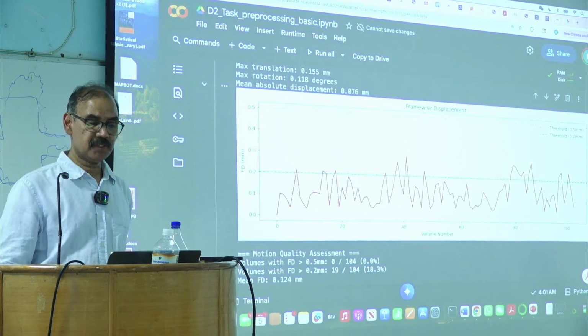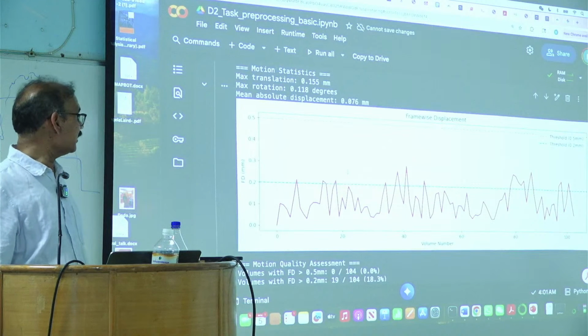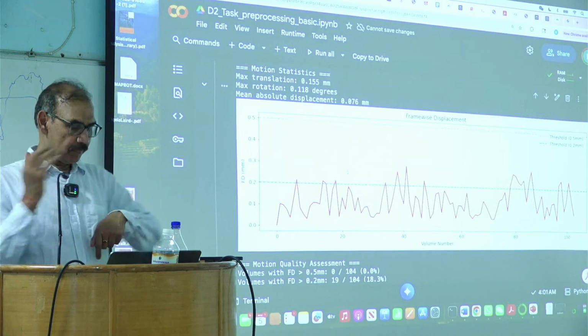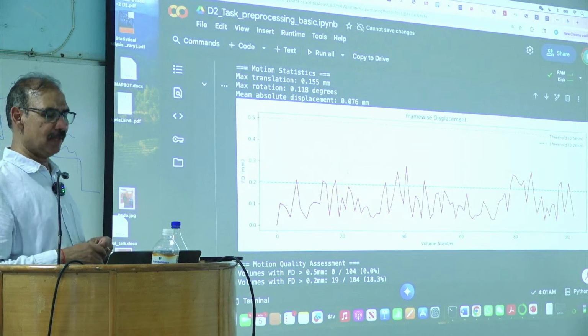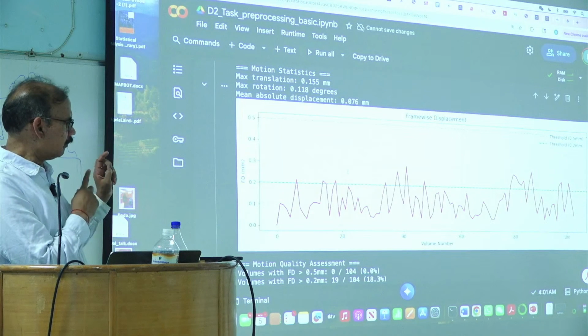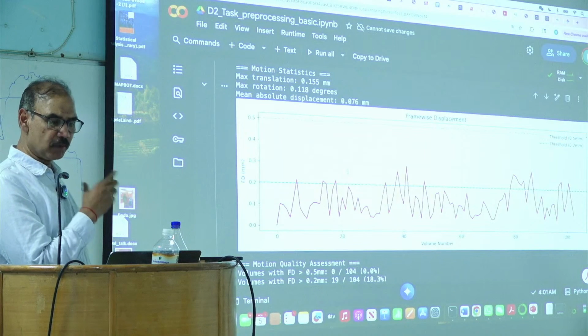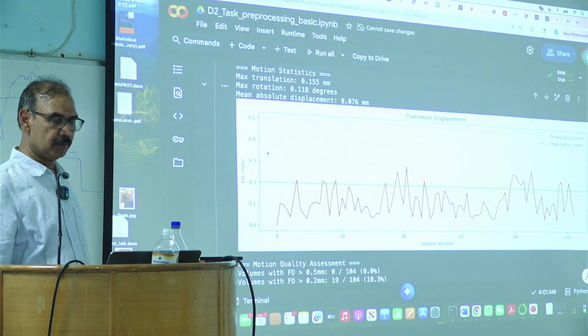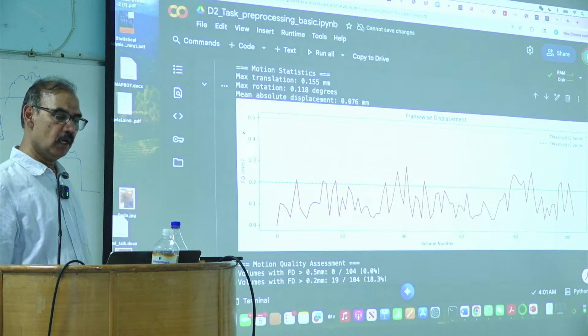Right. So this is another way of estimating the motion. It is called frame-wise displacement. In frame-wise displacement, instead of the 6 parameters, you are just using one parameter to get aggregate information about head motion.